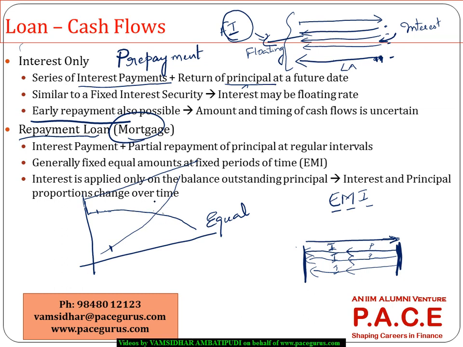As far as cash flows are concerned, it is very important for us to understand whether the cash flows are fixed or variable, certain or uncertain. The amounts as well as the timing of these cash flows, we need to understand whether they are certain or uncertain. If they are uncertain, what is the mechanism to predict those things, and how can we assign probabilities to those cash flows, because that forms the most important part of valuing any kind of investment decision.